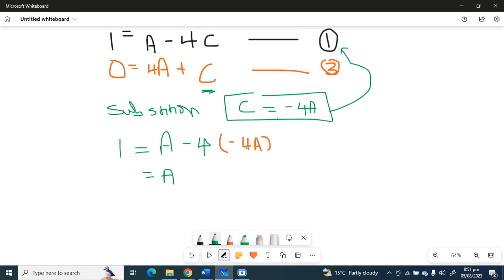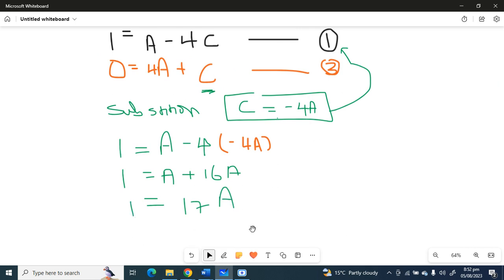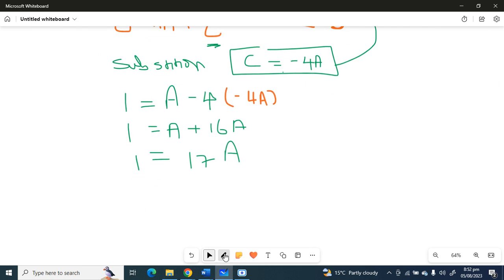Negative 4 times negative 4a, that's positive 16a. A plus 16a, 17a. To get the value of a, what do we do? We divide both sides by 17.